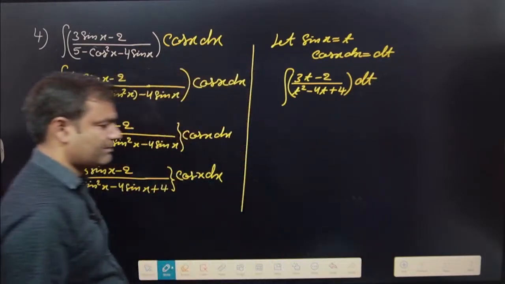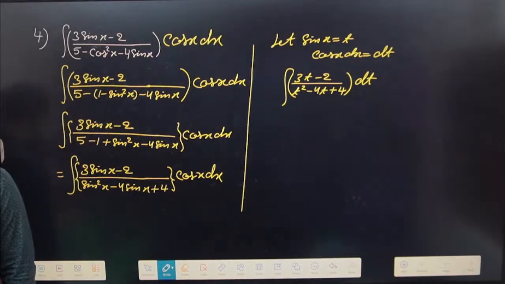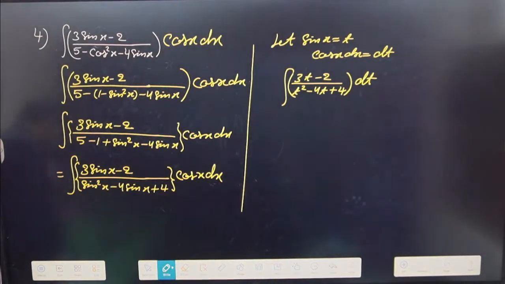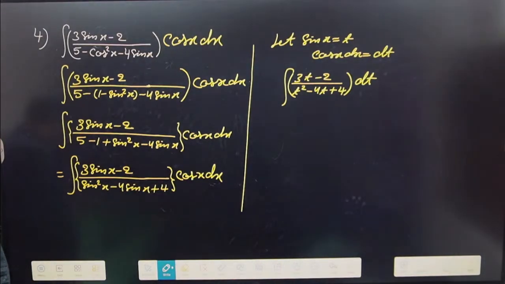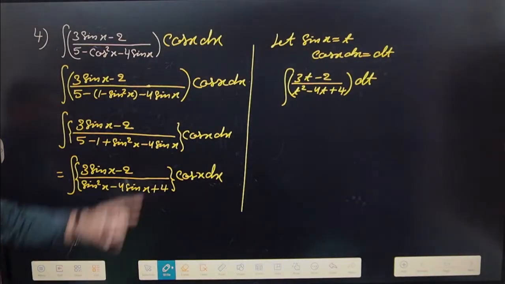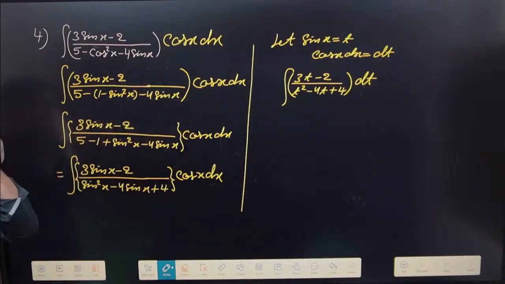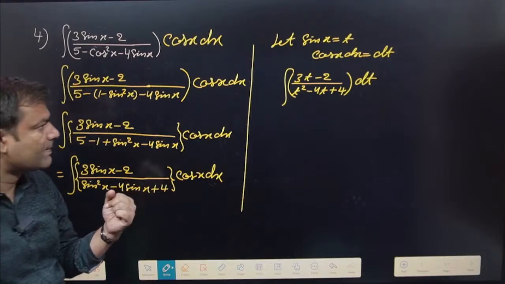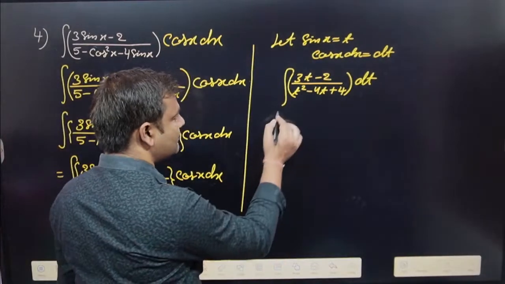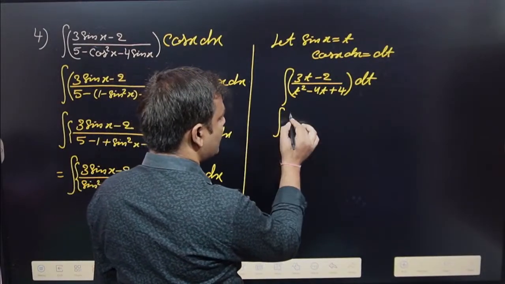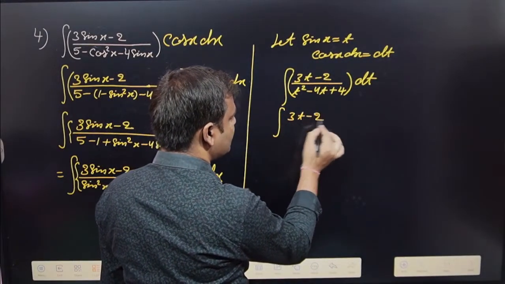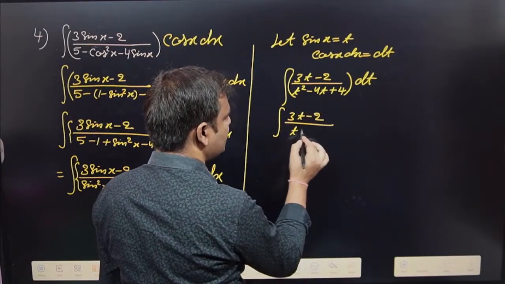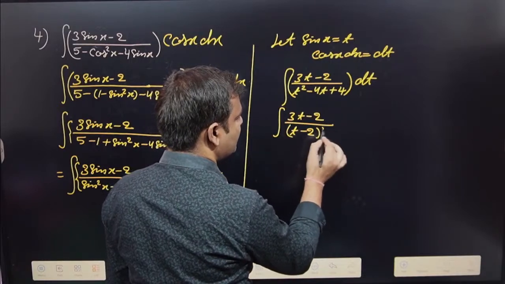So, clear? Integration of 3t minus 2 divided by how much? T square minus 4t plus 4. Okay, look here: 3t minus 2 divided by t minus 2 to the whole square dt.